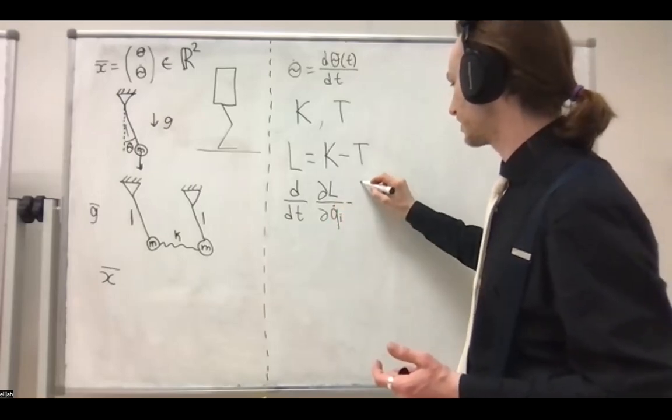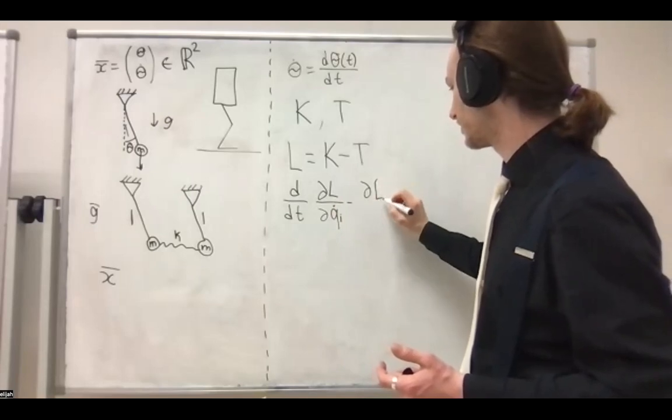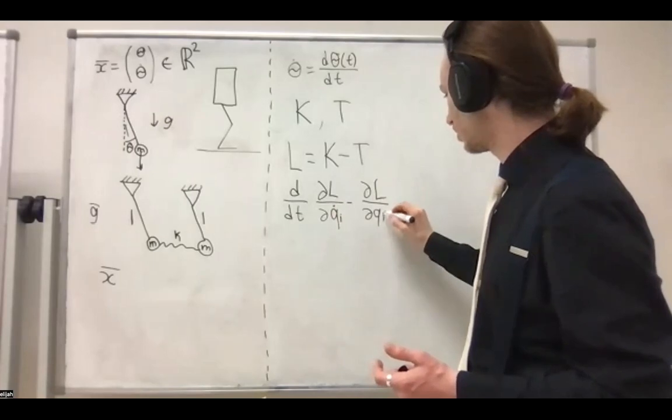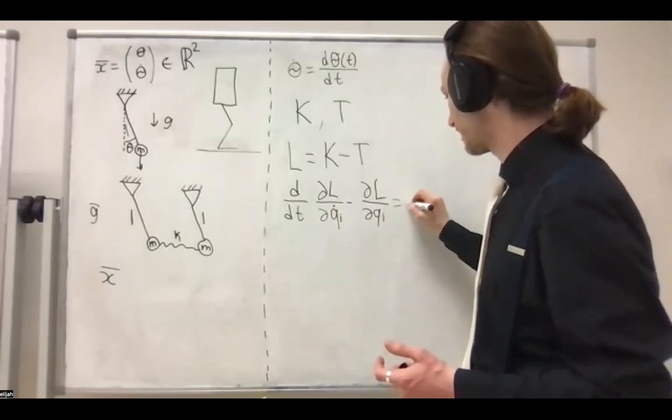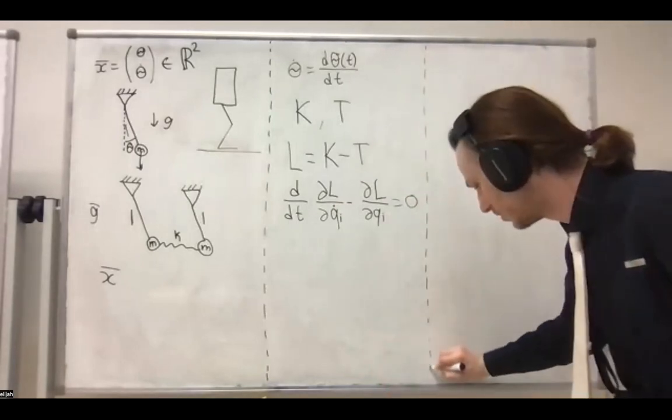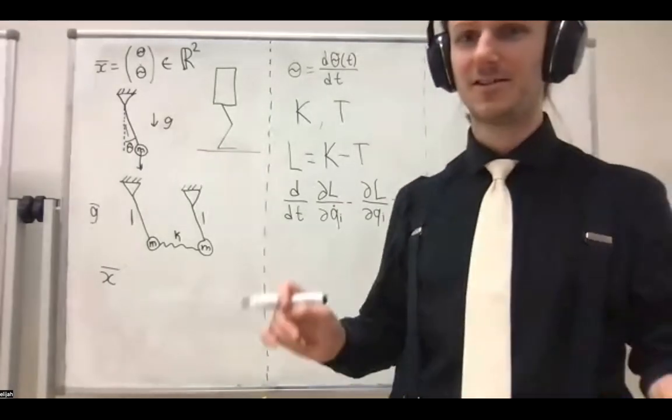And here's the second part, minus the partial derivative of the Lagrangian by dq sub i, and this is equal to 0. So it should be very scary and very unclear. Am I right?